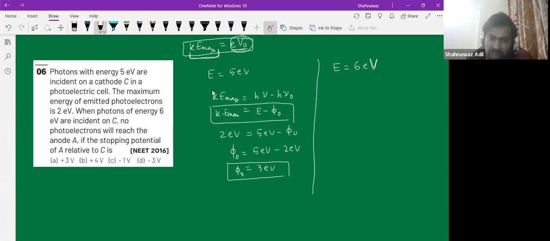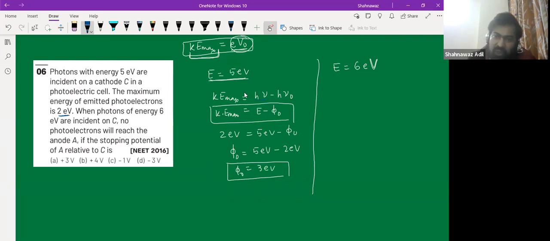From the previous information, they already gave that the maximum energy was 2 electron volt, and this was the energy which was falling.